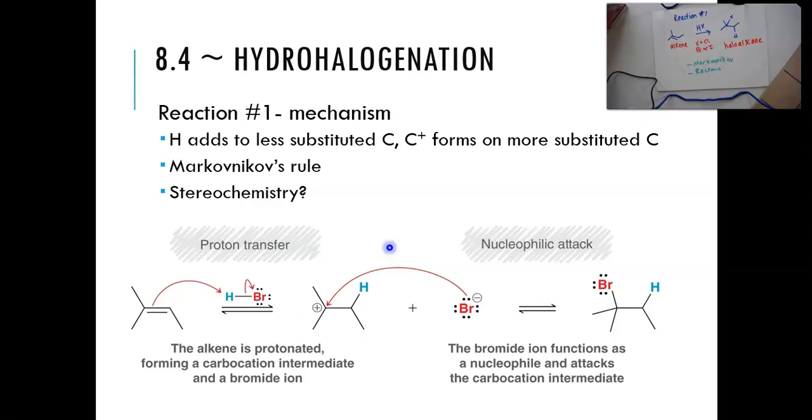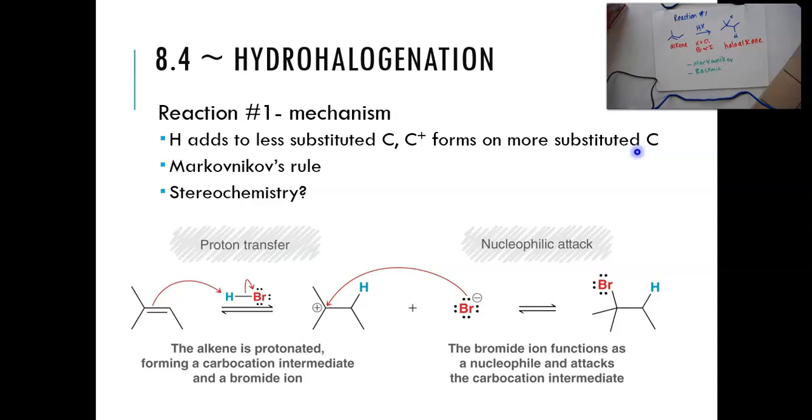So another way to think about that is that our hydrogen is going to go to the carbon with more hydrogens. So the hydrogen will add to the less substituted carbon, which allows for the carbocation to form on the more substituted carbon. That is Markovnikov's rule. So we use that rule to describe reactions. Hydrogen goes with the hydrogens, and the halogen, or whatever our nucleophile will be in future reactions, goes to our more substituted carbon.